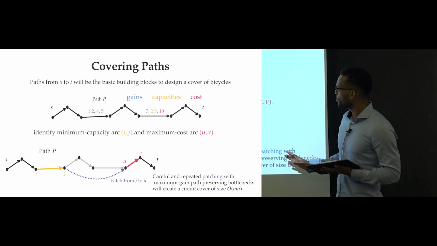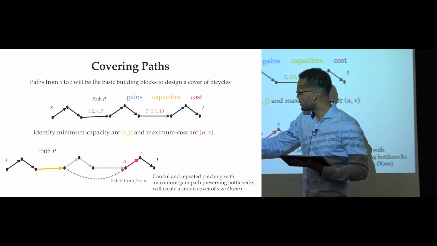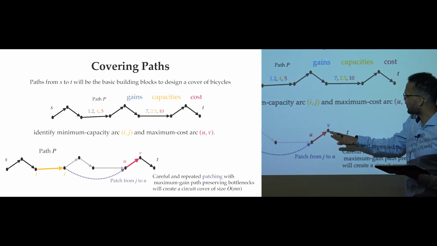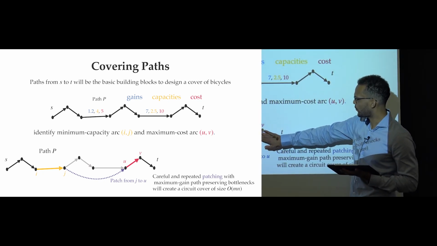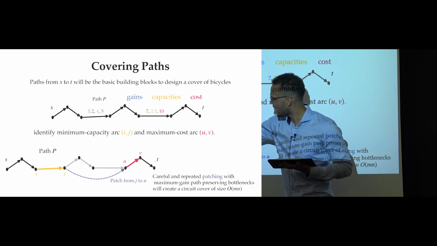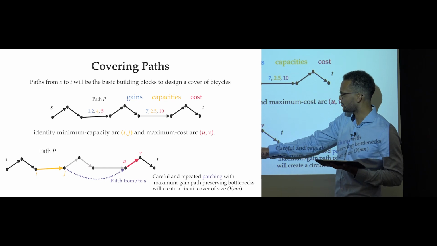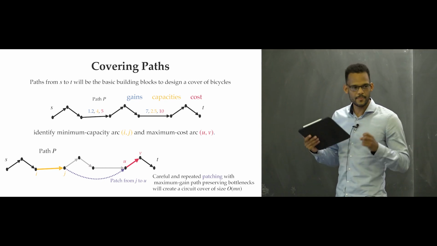And what you now do is the following. For these two arcs, say the capacity arc comes before the cost arc, you have the freedom to improve your path by patching up from the head to the tail of this arc here with any path that has the same signature.